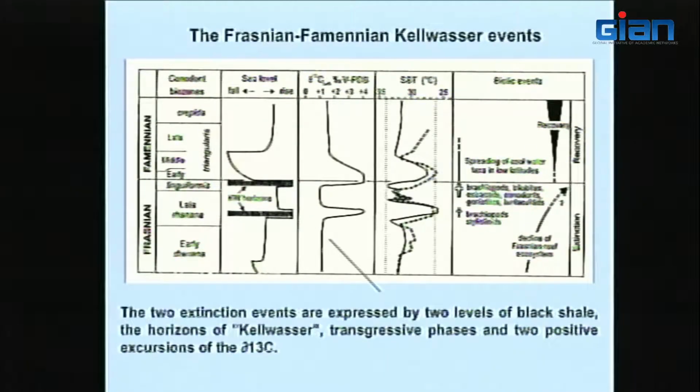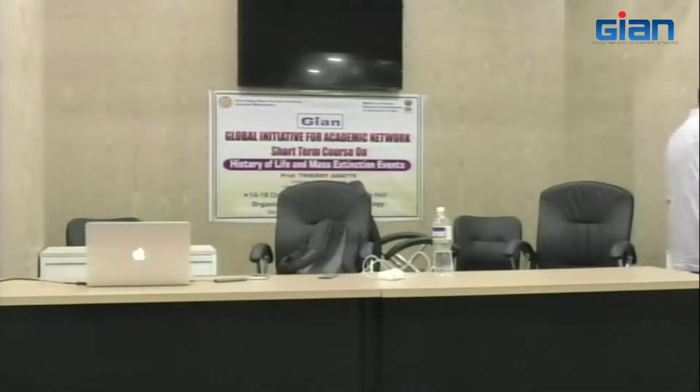They are quite stable, around +1, then increase to 3, 4, increase to 3, 4 here. What does it mean? It means that you increase the productivity. It means that you increase the transfer of organic carbon to the seafloor, because if this ratio is increasing, it's because the 12C has been used by the animals. So what remains is only the 13C. That's why you have a positive peak, okay? And it means generally that you have a huge organic matter deposition.